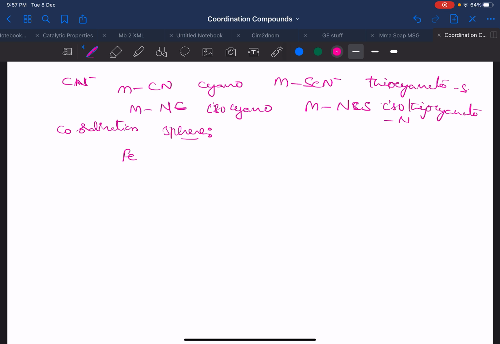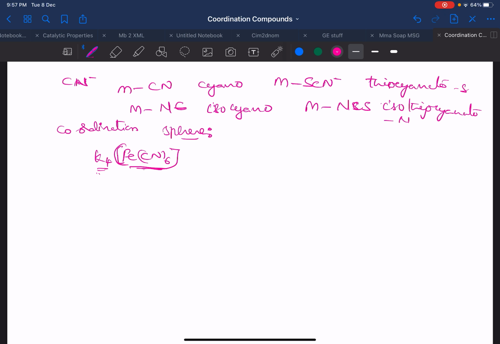For example, K4[Fe(CN)6]. Here K4 are the counter ions, four potassium ions, and this [Fe(CN)6] is called the coordination sphere. And next one is the oxidation number of the central atom. Oxidation number means the number of electrons which are lost or involved in the ionic bonding.